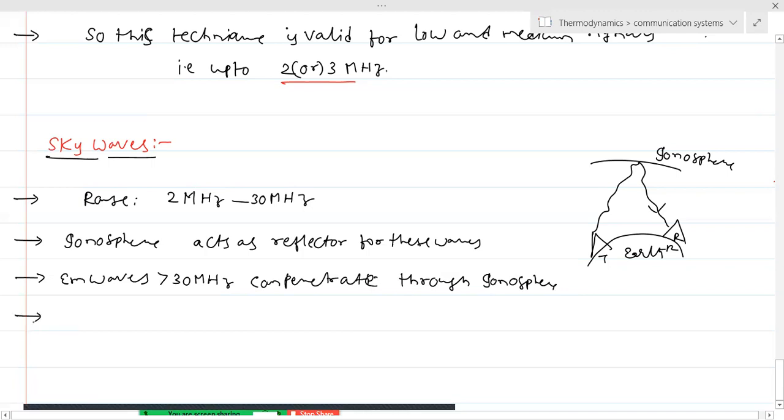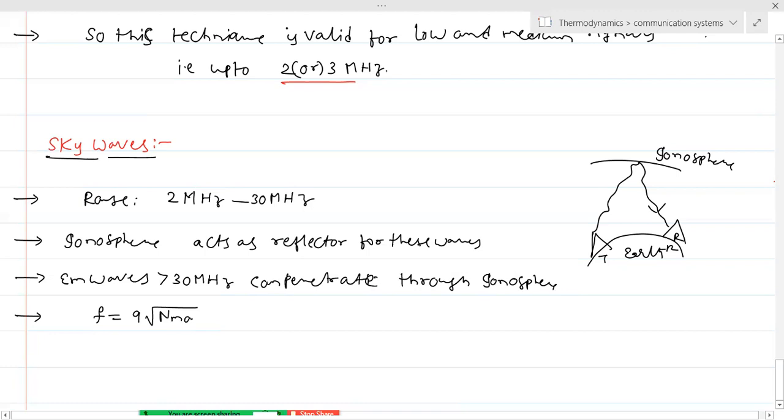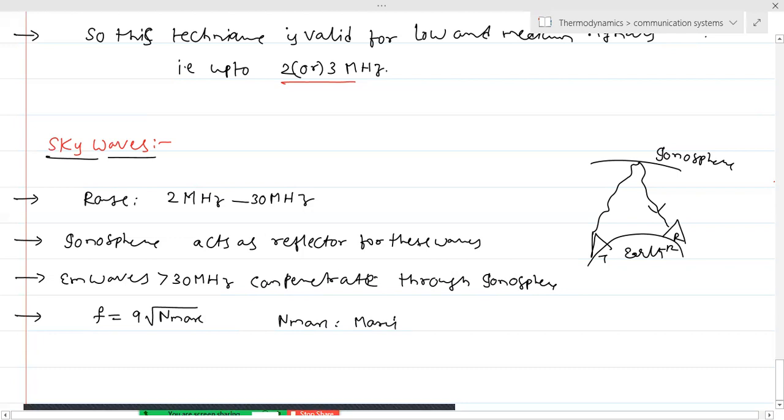And the last point is very important: the allowable frequency is F equivalent to 9 into root of n max. Here n max is the maximum electron density of the ionosphere.